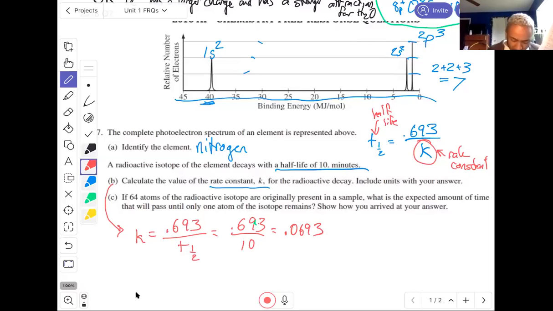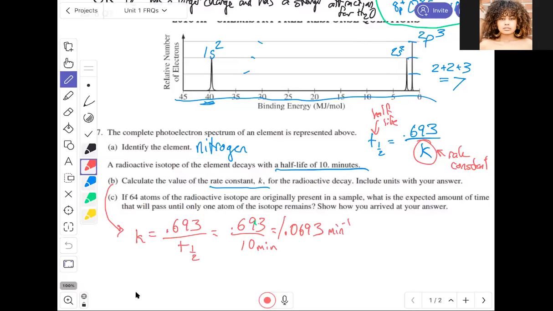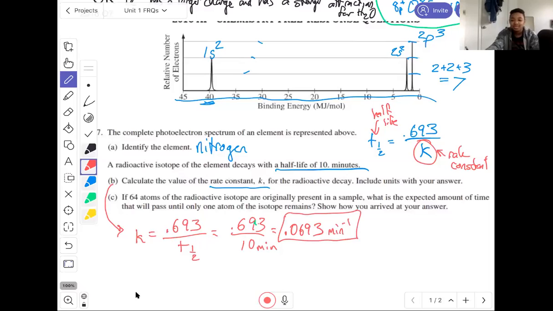Minutes. So what's my unit? It's 1 over minutes, or minutes to the negative 1. Because minutes is in my denominator, it's got to stay in the denominator for the rest of my days.